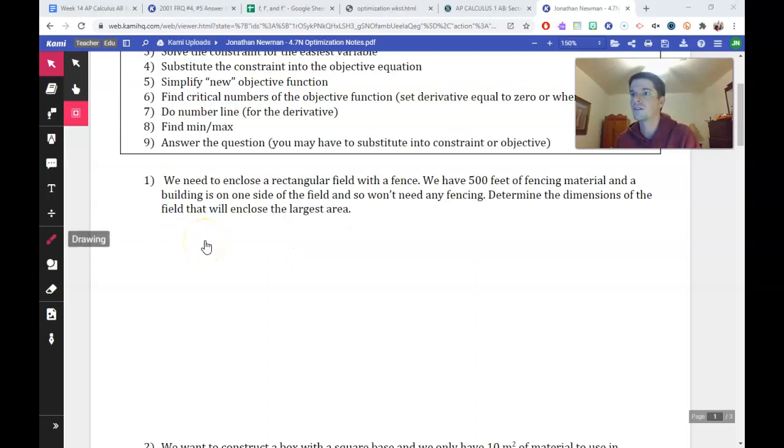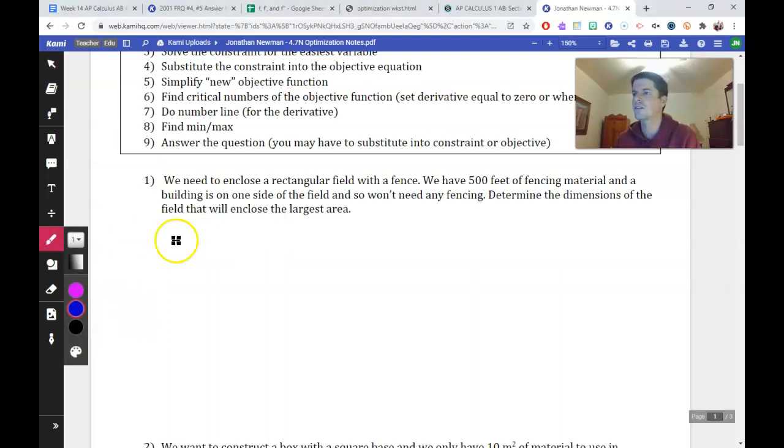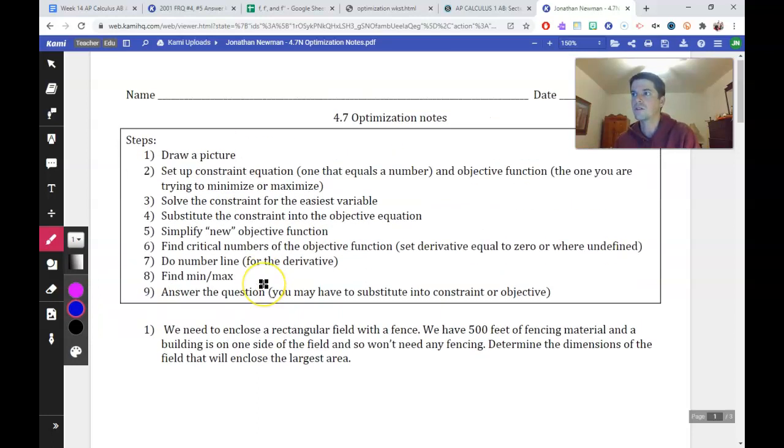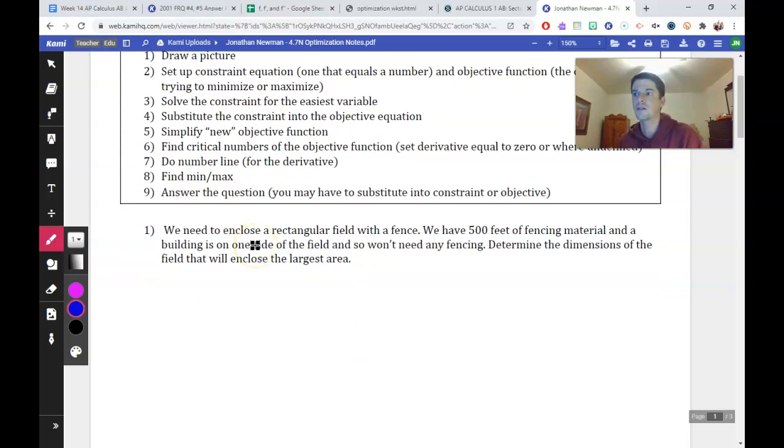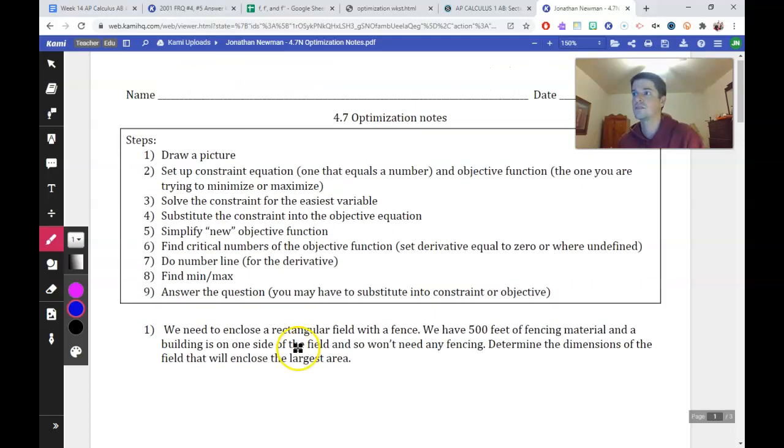One comment before we get started. Hopefully we talked about this a little bit, but we're doing optimization notes, and these are actually problems you've done before, but now we can do them without a calculator and using derivatives. Optimization means a maximum or minimum, if there's a situation such as finding the most area, or using the least material or the least cost.